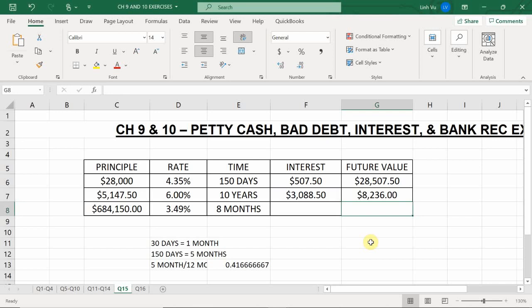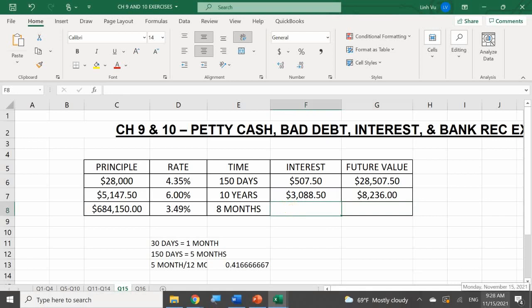Last one we have here is if my principal is $600,084.15, and my interest rate is 3.49%, and it's for 8 months. So in this case, what should be my interest here?